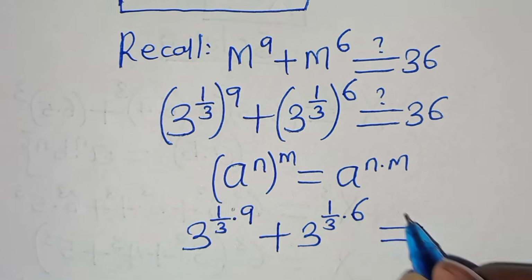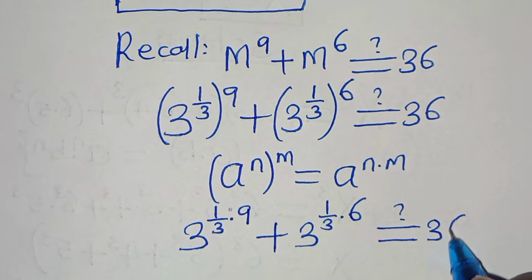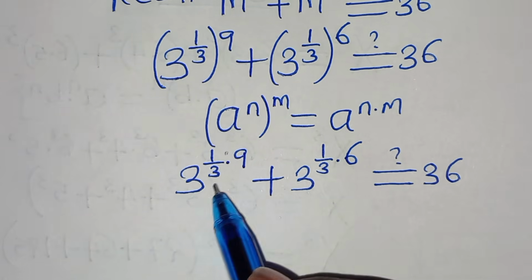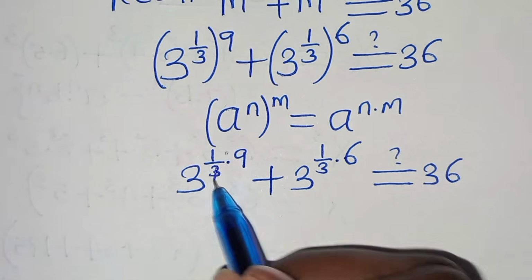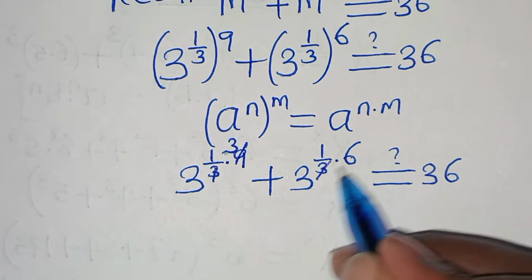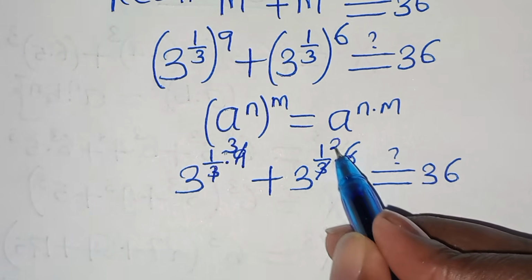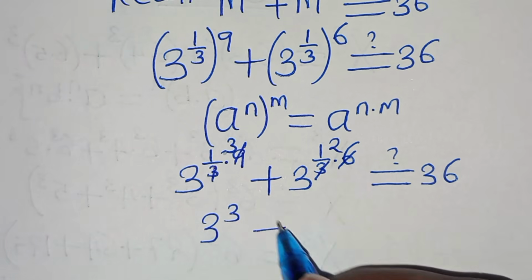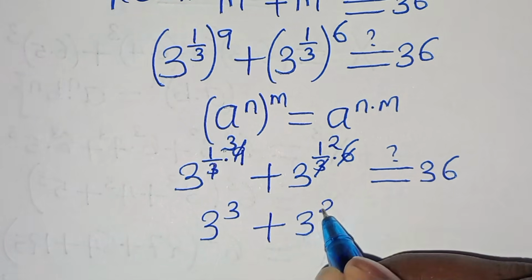This should give us a value of 36. Now, let's simplify here. 9 divided by 3 is 3, and 6 divided by 3 is 2. So we have 3 to the power of 3 plus 3 to the power of 2.